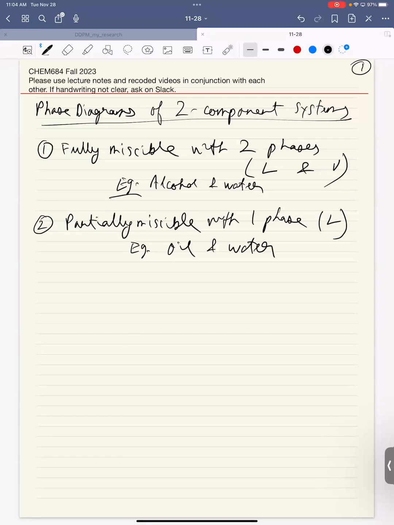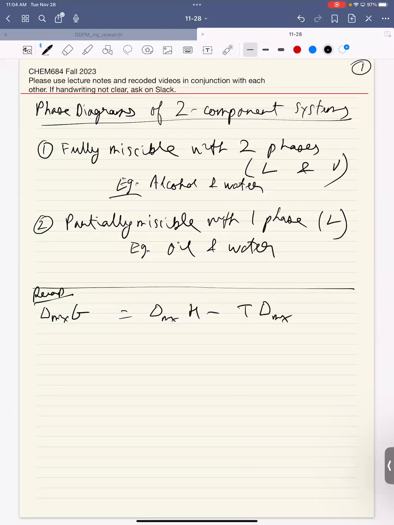I also want to remind you that though we don't really need the regular solution model to work through this, it is useful in order to understand this. And let me remind you of the regular solution model. Gibbs free energy of mixing was delta mixing H minus T delta mixing S, right?